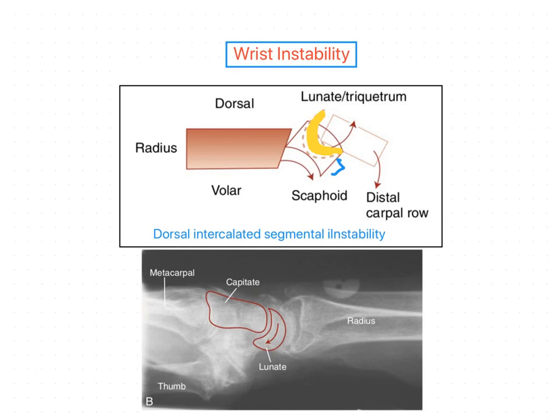So in the proximal row, the scaphoid becomes the unstable segment. We have discussed this intercalated segment, isn't it?